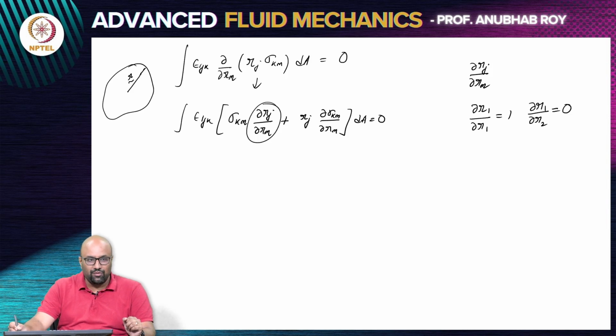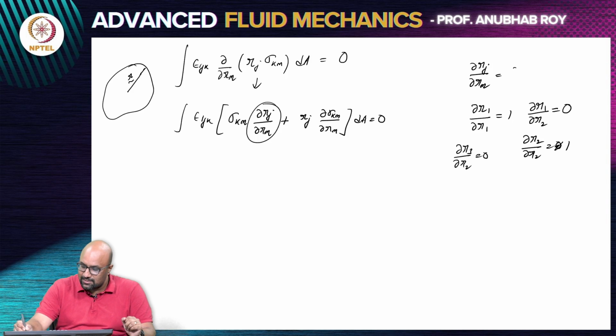This is only true for the Cartesian coordinate system, so keep this in mind. When you do dou r2 dou r2, it is going to be 1, and dou r3 dou r2 is going to be 0, which means this object is the Kronecker delta.